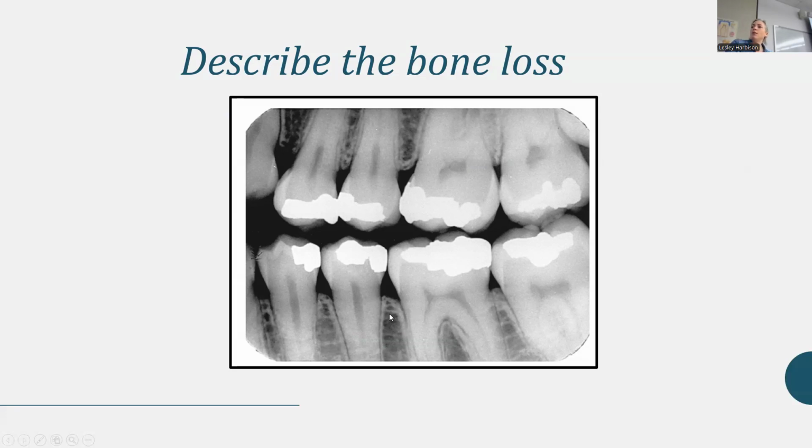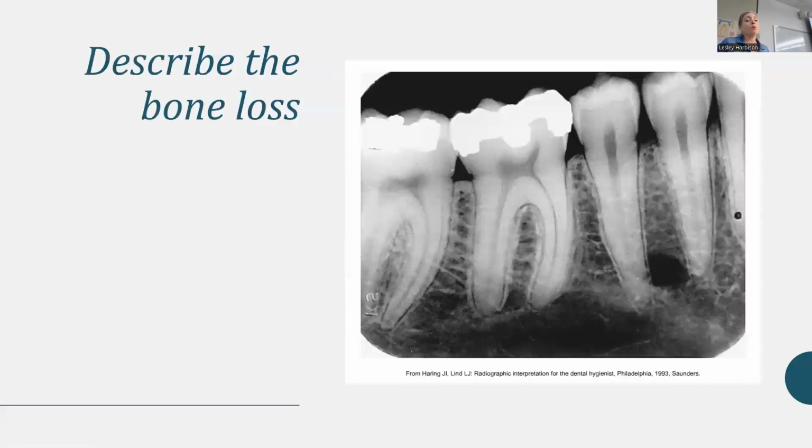So I would probably, if I had to guess, I would say the person's probably healthy. However, if you got them in the chair and you started probing and they had a bunch of gingivitis and bleeding, then it's like, oh, all right, maybe they do start to have some very slight changes that we can make note of. But just taking this, it's very close. The bone level's very close to the CEJ here and here. I see that lamina dura. The PDL doesn't look overly large anywhere. So I'm going to go with healthy, even though sometimes you get some funky things on a radiograph.